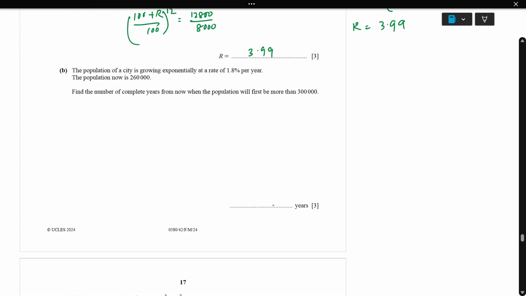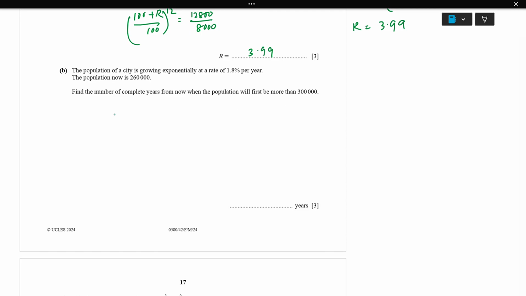The population of a city is growing exponentially at the rate of 1.8% per year. The population now is 260,000. Find the number of complete years from now when the population will first be more than 300,000.